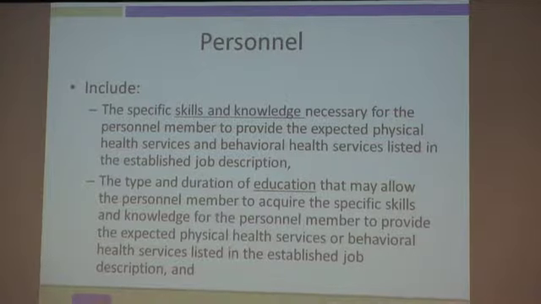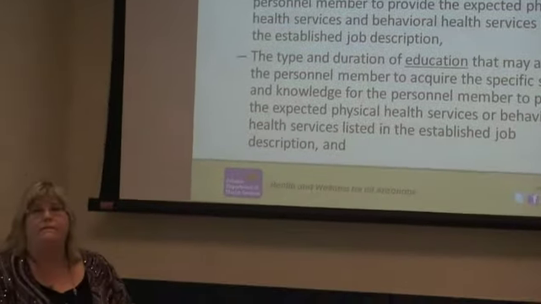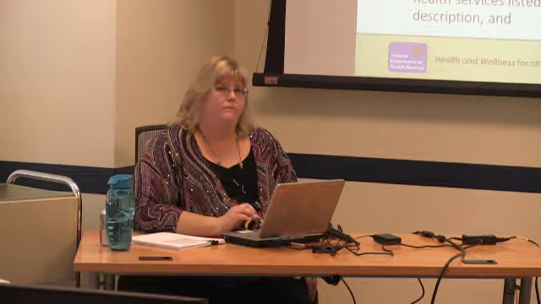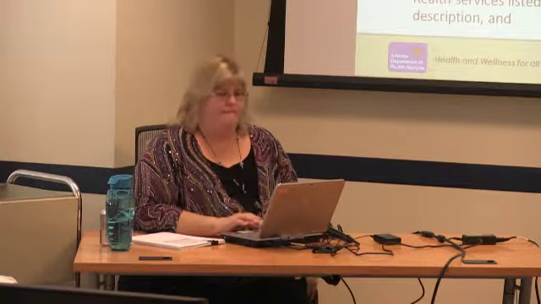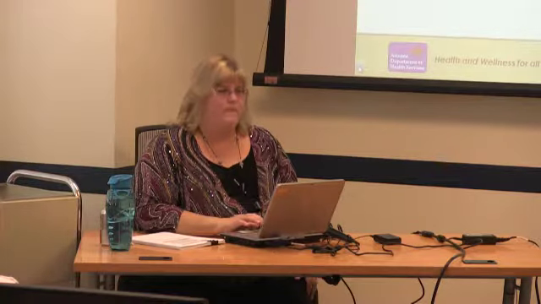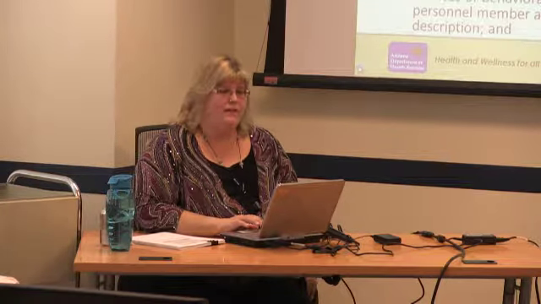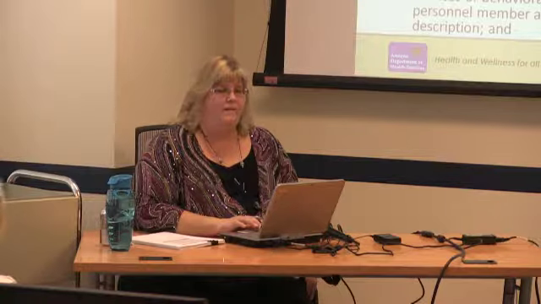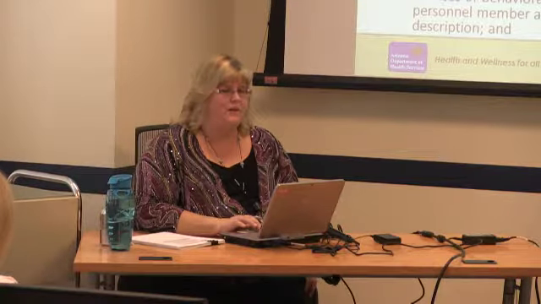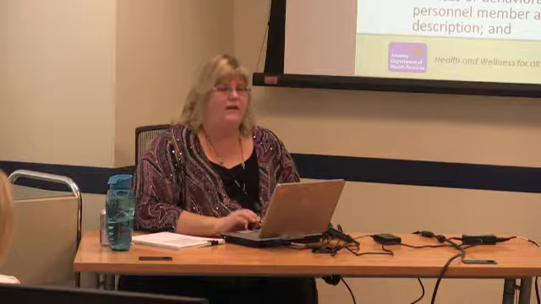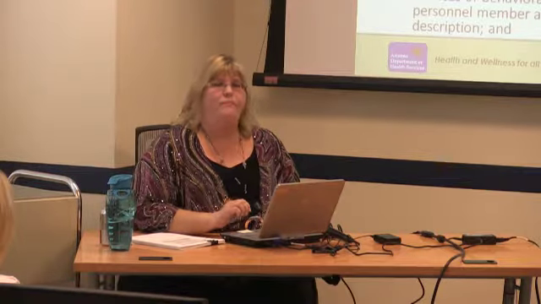When we're talking about this whole section, this B, is this including nurses, CNAs, social workers, dietary staff, basically any personnel member? Yes, it says basically the type based on the physical or behavioral health services expected to be provided, the qualifications, skills, knowledge required for each type of personnel member.